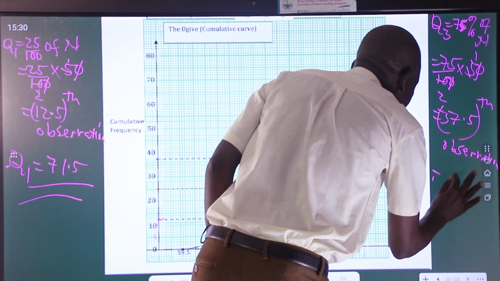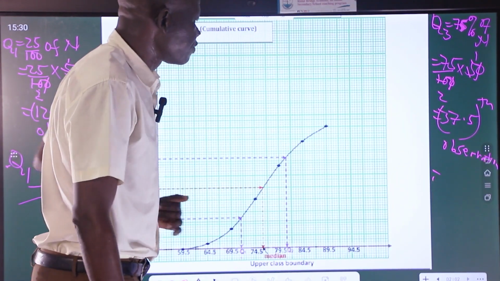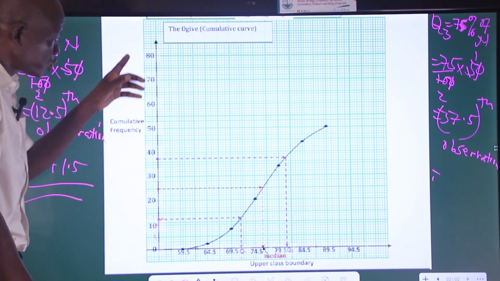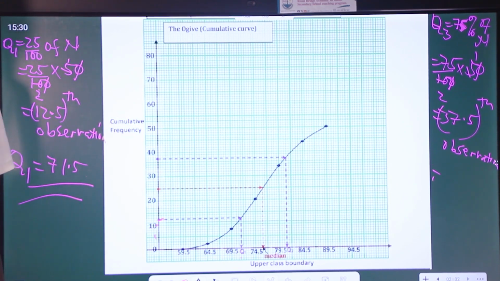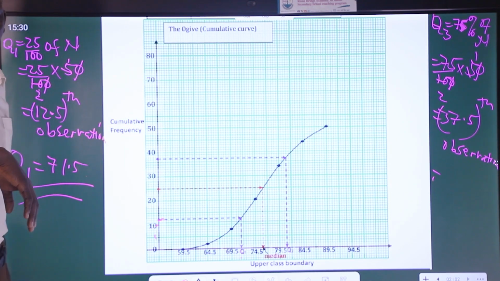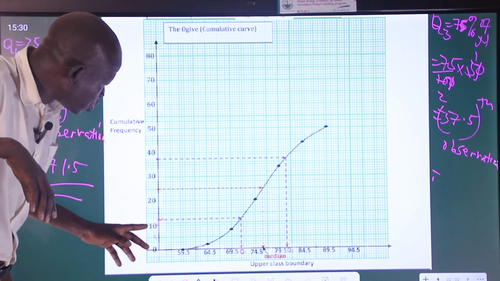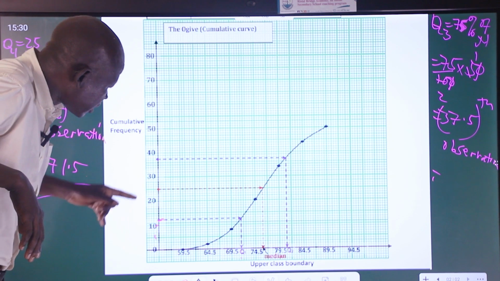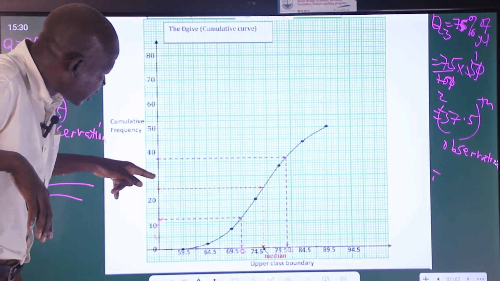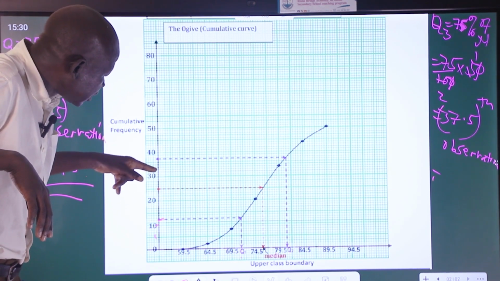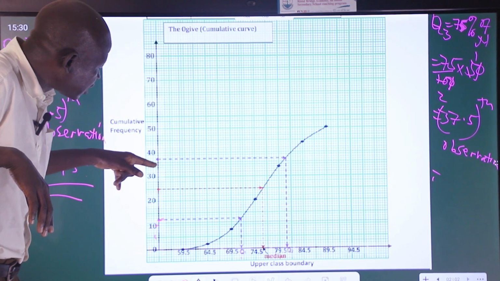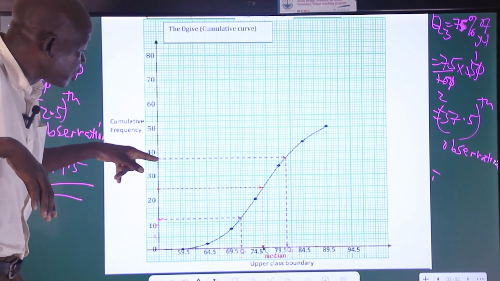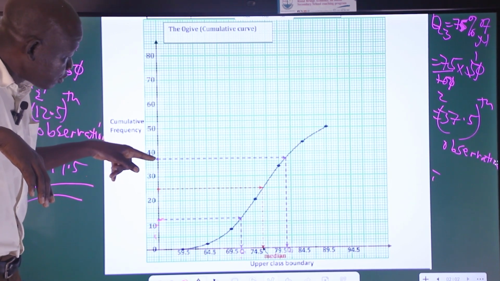So for the 37.5 observation, we look for it also on the cumulative frequency axis. We are going to look for where 37.5 is. 30 is here, 31, 32, 33, 34, 35, 36, 37.5. Exactly at that point.